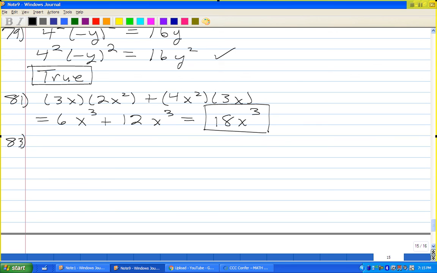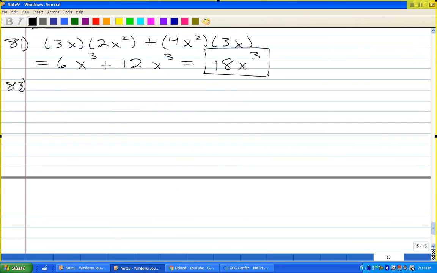83. Negative 2x y, times x squared y cubed, minus 5x to the 5th times x y squared, squared.